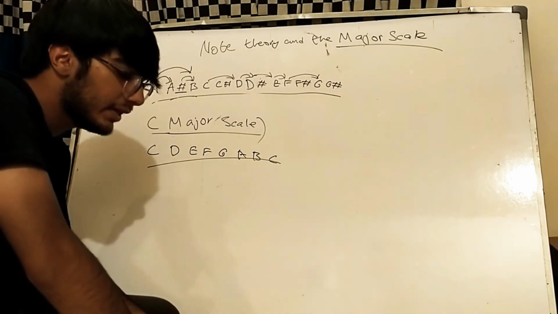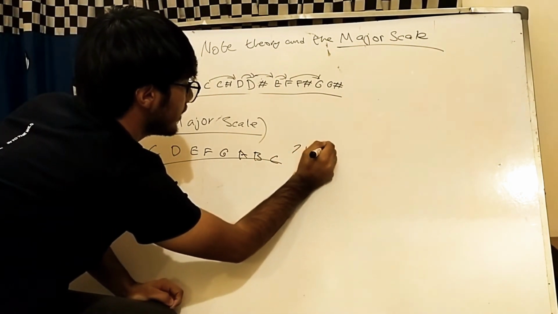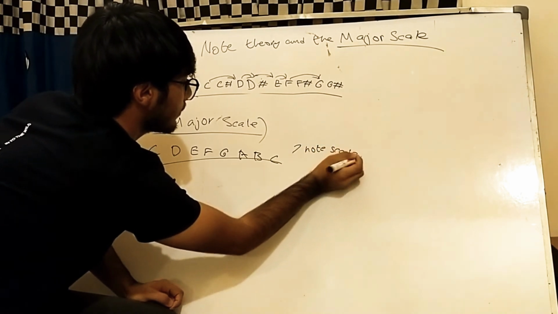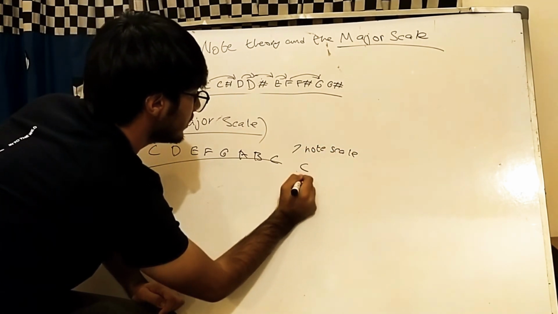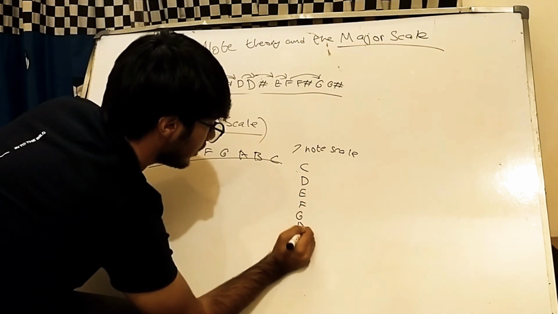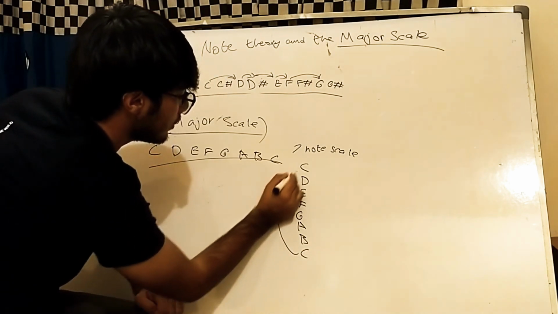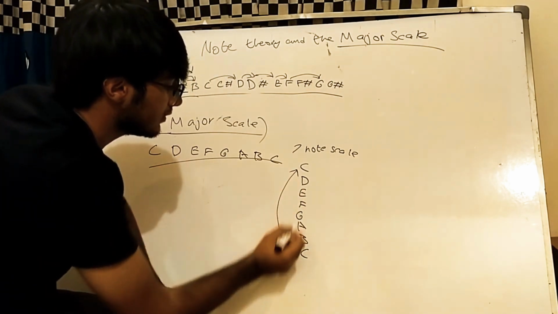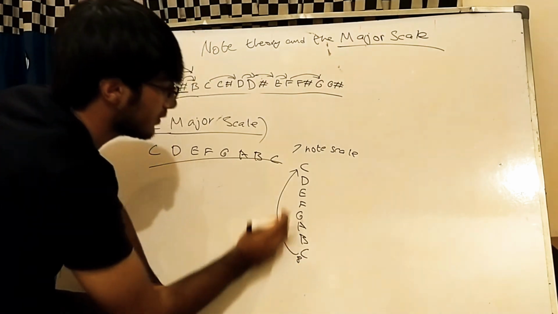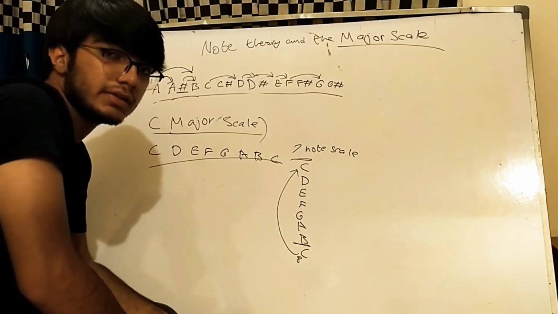So the major scale is essentially a 7-note scale. Okay, 7-note scale. I'll write it here again. C, D, E, F, G, A, B. Okay, the C is the same note. C again is the 8th note. But these 7 unique notes are the C major scale.